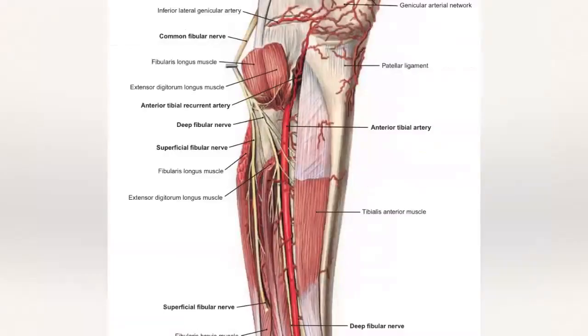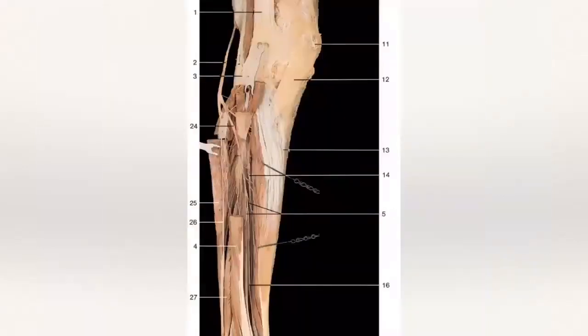Again, the same deep nerve and superficial branch, right? So you see, the fibularis longus muscle. This is the dissection part. You see, number 2 is the common fibular nerve, right?